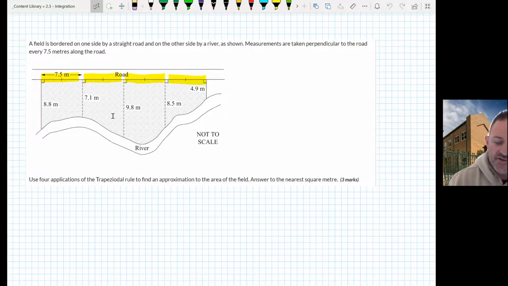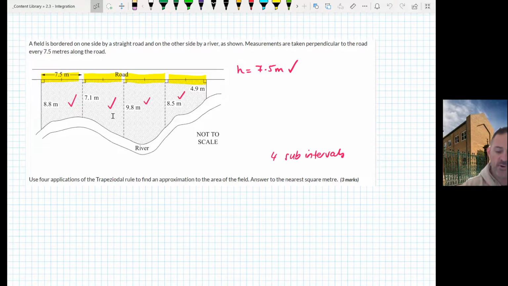What it's kind of alluding to is that the height or the width between each of those trapeziums is 7.5 meters. Now, they might give you an actual function that you have to go and find that with, but often they just draw little diagrams out, right? Which makes it much easier. And it says use 4 applications of the trapezoidal rule. Well, that means 1, 2, 3, 4. This means 4 sub-intervals.